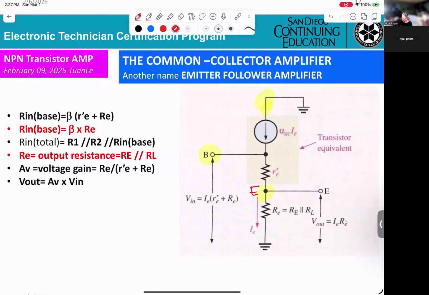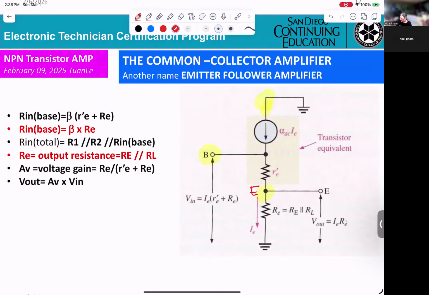Okay. So R in. R in means if you're looking into the input of the amplifier, what you see, R in base will be beta times R prime E plus RE. Okay.